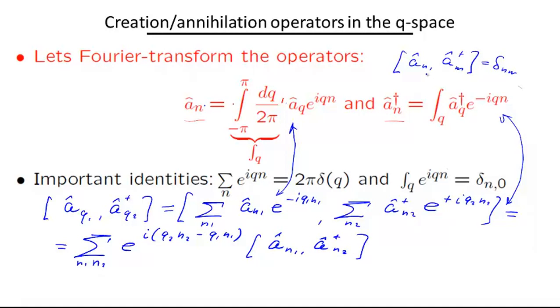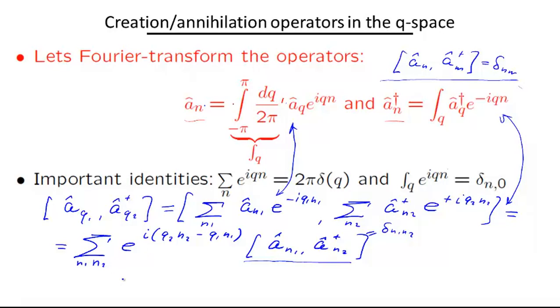And so if we now compare this with the canonical commutation relation, we're going to see that this is nothing but the delta symbol of n1 and n2, which means that it extracts just one term out of this sum, where n1 is equal to n2.